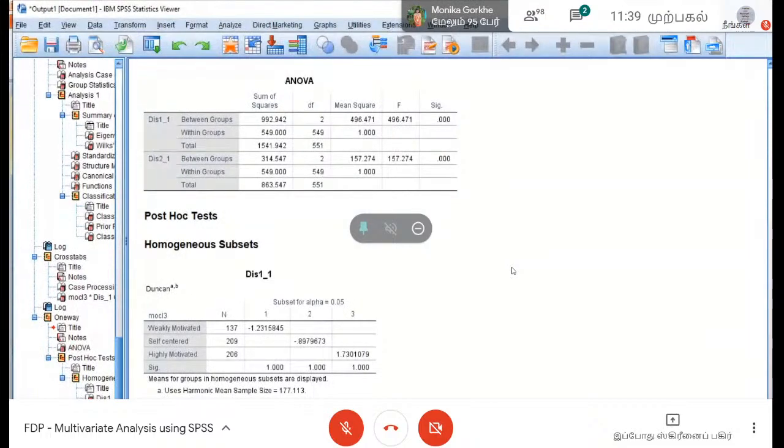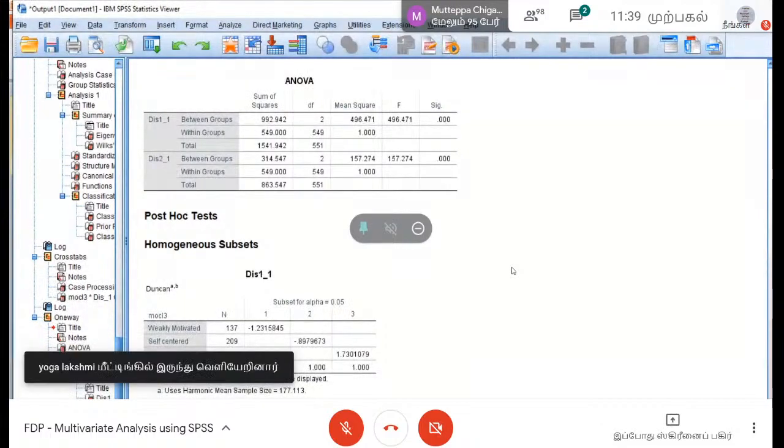The only difference is that standardized gives a standardized beta coefficient, right? The structure matrix gives the correlation value. What is beta? Beta is covariance divided by variance. What is correlation?